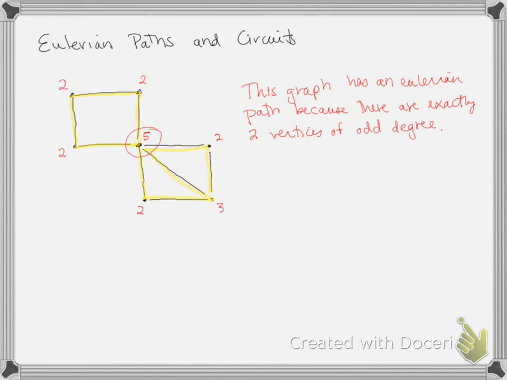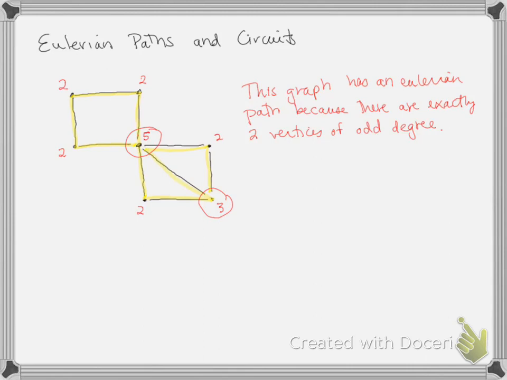So this vertex and this vertex, and that also tells me where I have to start and end. So you can start at either the 5 or the 3 and end at the other one, but those have to be your starting and ending points. And if you really think about it, once you go back to an odd degree vertex, there's no way to get back out of that vertex.